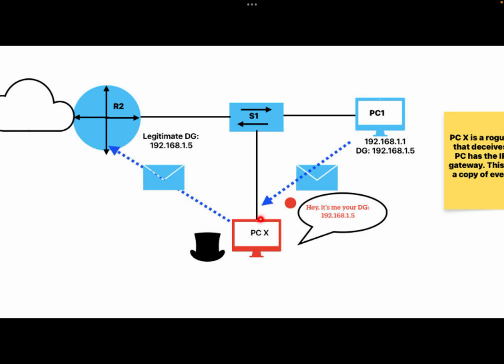So if HR needs to send an email out to the internet, it's going to go through PCX. And from a security point of view, that could result in so much confidential data being exposed to an unauthorized threat actor. So there are extreme consequences.